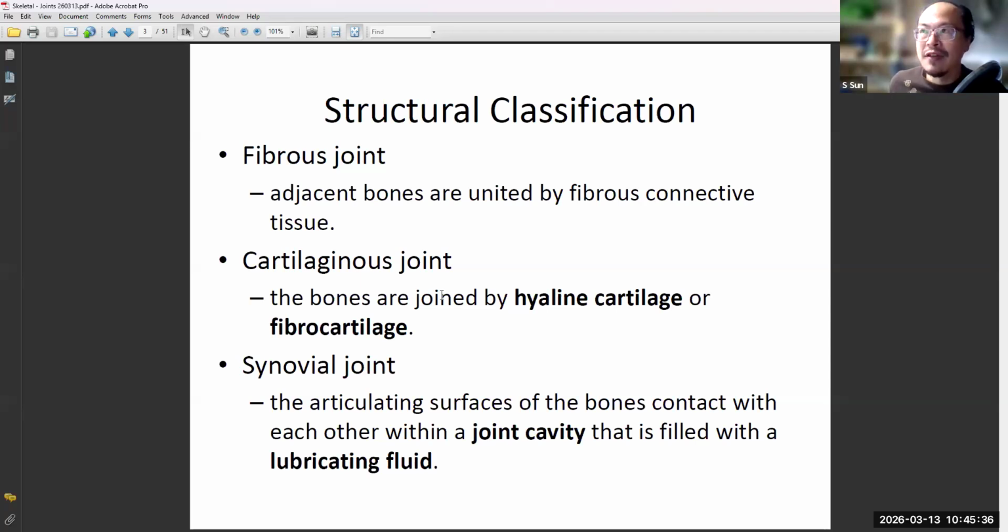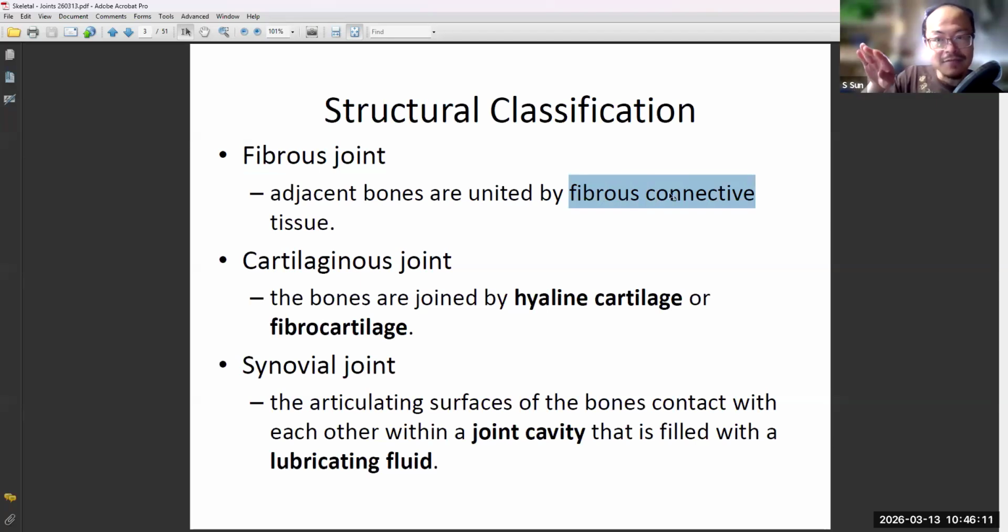And we can use very thick fibrous tissue. Basically it's very, very hard. It's not easy to have some flexibility or to move around, and so that's fibrous. If it is made of fibrous connective tissue, a very basic example is our skull.